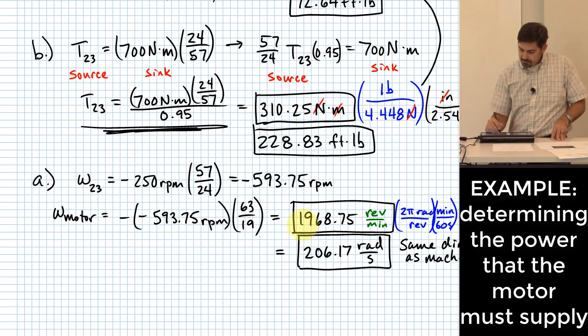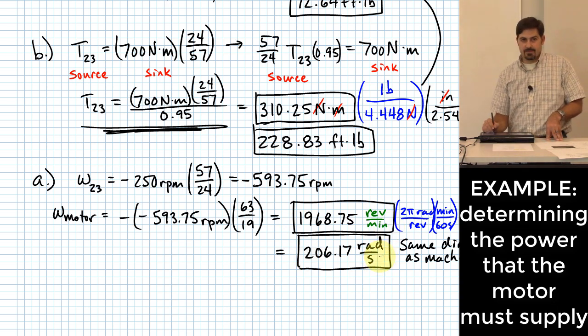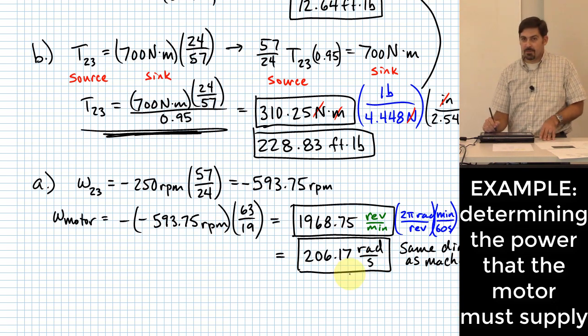Okay. I've got two expressions of omega motor. One of them's in RPM and one of them's in radians per second. Okay. I recommend using the one in radians per second because you might remember that our P equal T omega equation requires that your omega be in units of radians per time, right?